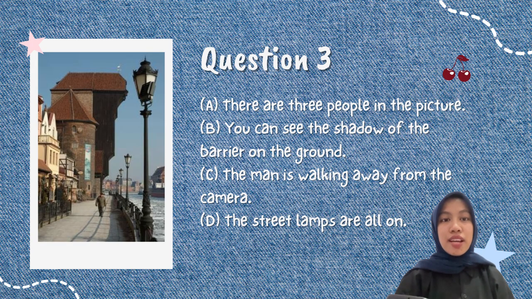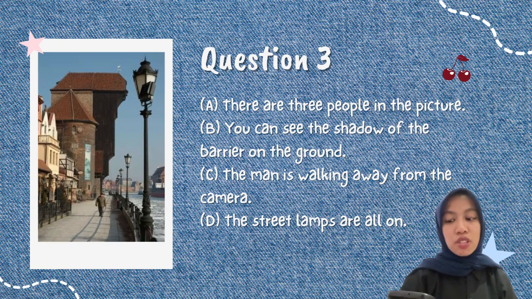Option B. You can see the shadow of the barrier on the ground. This is the correct answer. Looking at the right side of the walkway, the sunlight is casting a very clear, distant shadow of the railing or barrier onto the pavement. Option C. The man is walking away from the camera. This is incorrect. The man's body and face are oriented toward the lens, meaning he is walking toward the camera, not away from it.